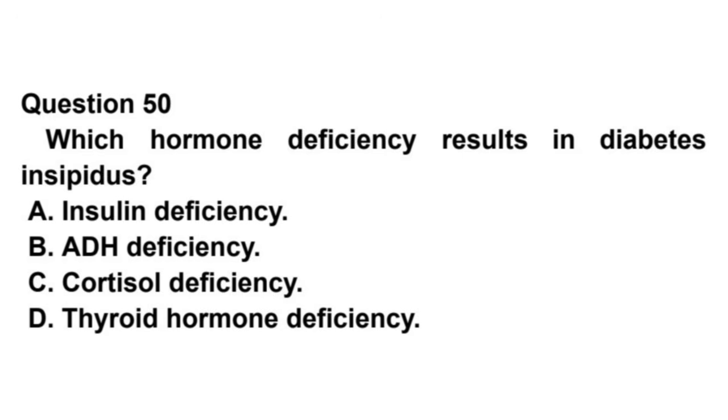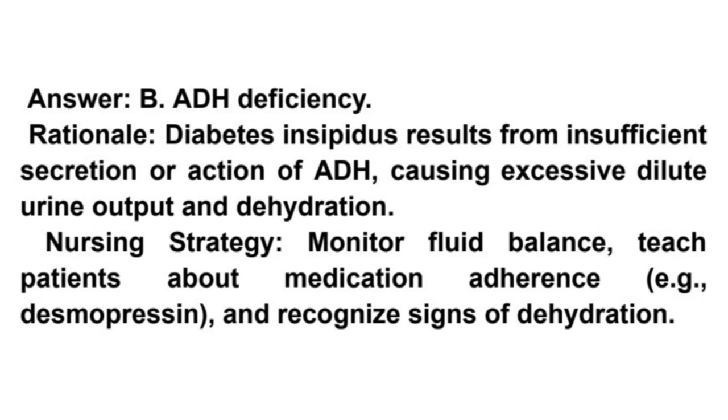Question 50. Which hormone deficiency results in diabetes insipidus? A. Insulin deficiency. B. ADH deficiency. C. Cortisol deficiency. D. Thyroid hormone deficiency. Answer B. ADH deficiency.